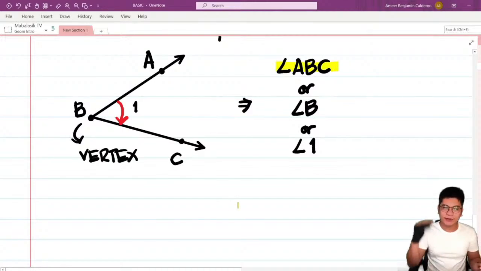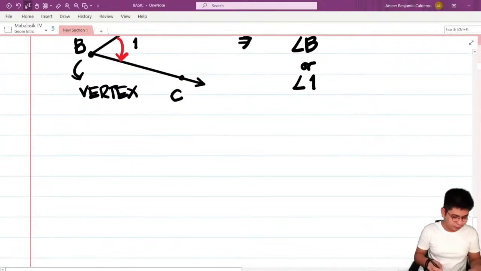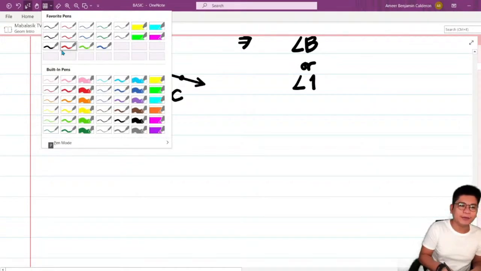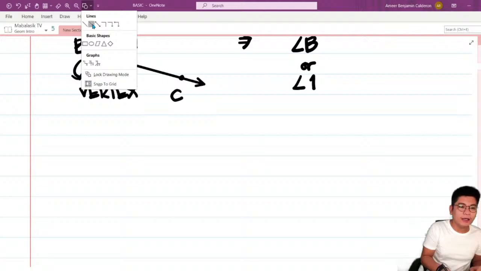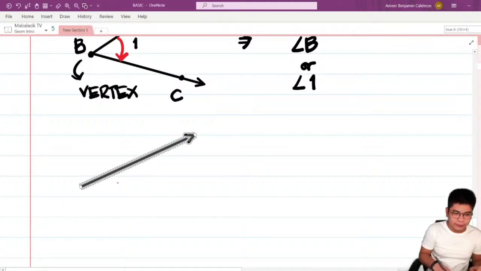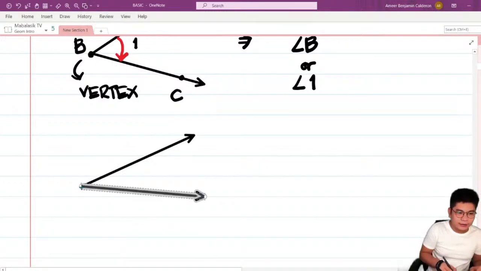Sir ABC, bakit po yung pang 3 letters yung gusto nyong gamitin? Bakit po hindi na lang yung vertex or yung number? So let me expound on this for you. For example, I have 2 angles. There, and then another one, and then another one.